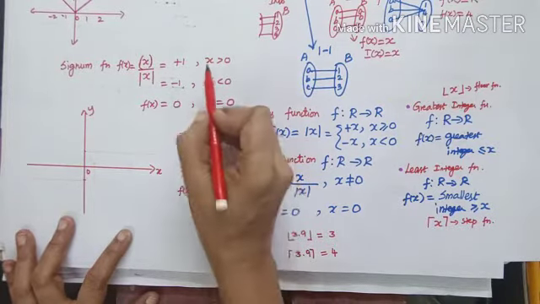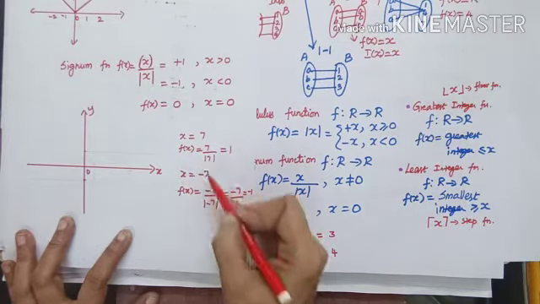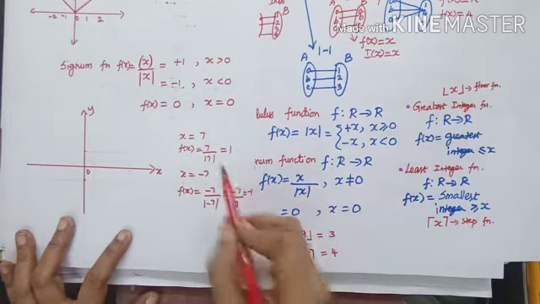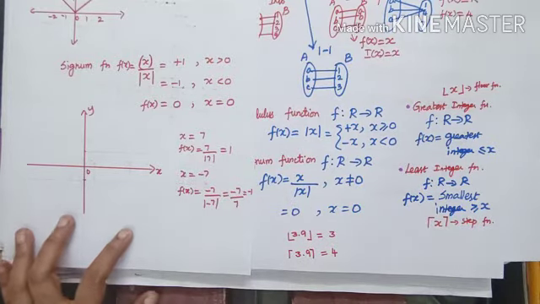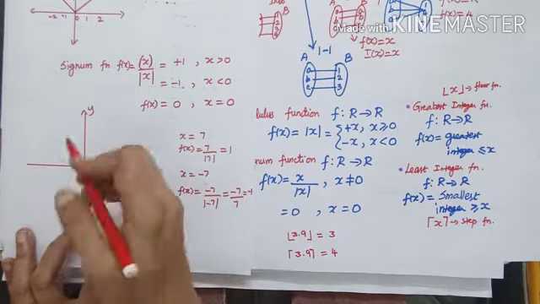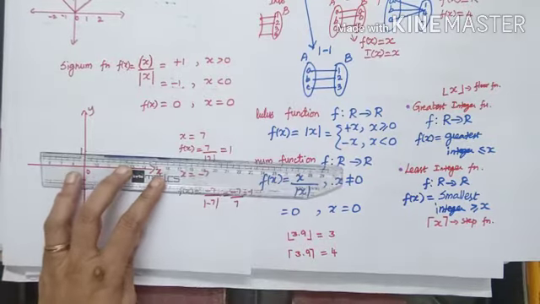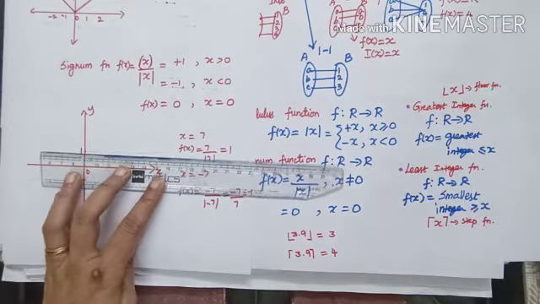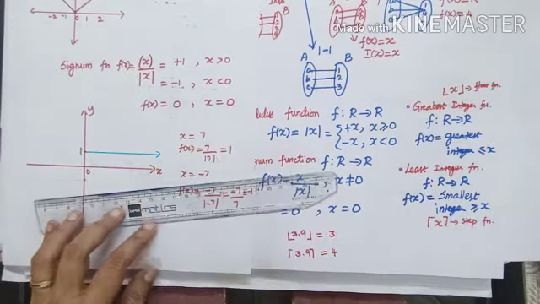Now, when x is positive, see what my answer is: 1. I put 7, 8, 1, 2, 3, my answer is 1. Whenever I put negative numbers, my answer is minus 1. So for all the positive numbers, my answer is plus 1 only, and remember, it goes on and on.